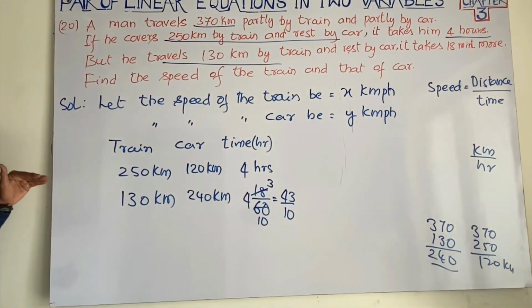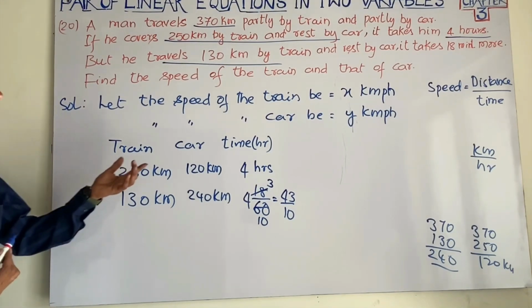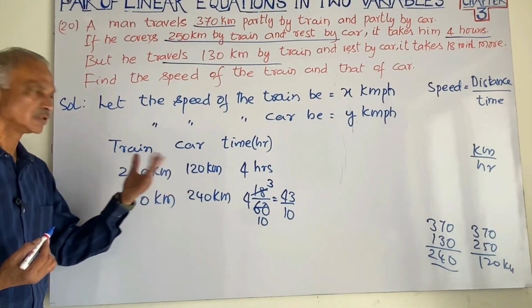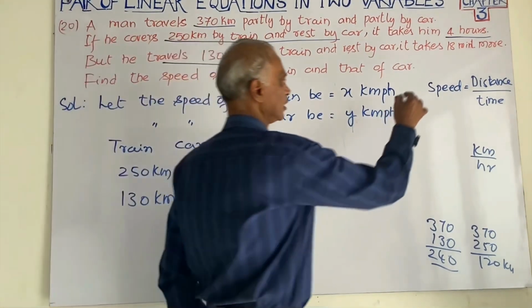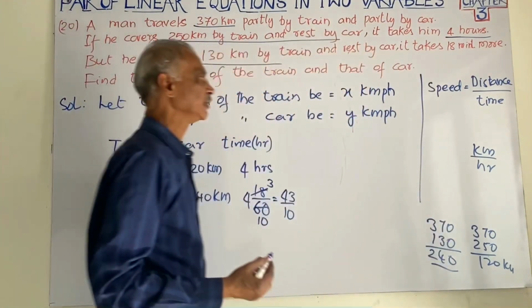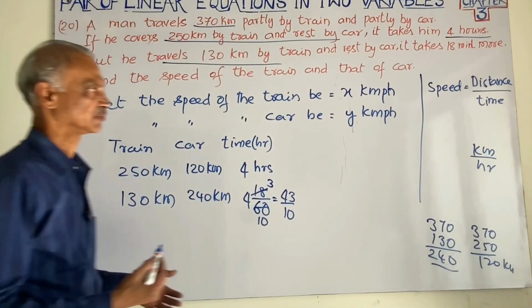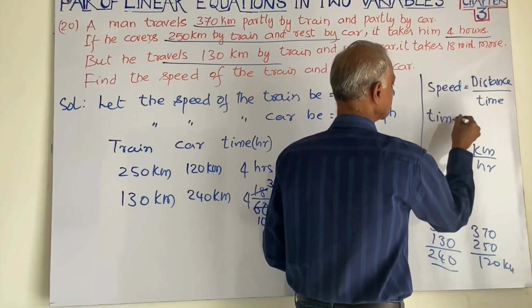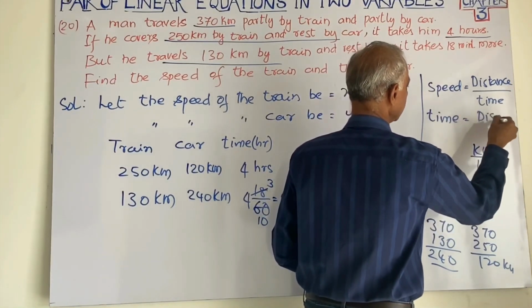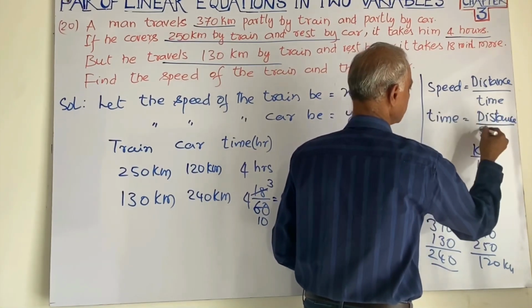Now we have to find the time taken by the train and the car. You know what the speed is? Speed is equal to distance by time. We need to find time, so time is equal to distance by speed.